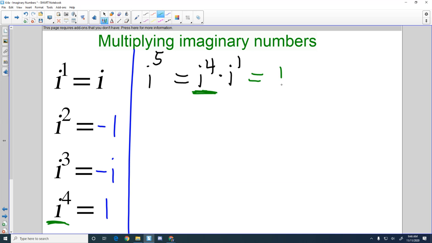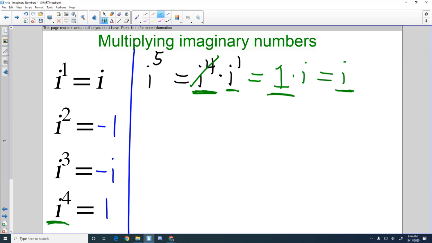So this is the same as saying, what's 1 times i? And it's just going to be i. So this i to the fourth, essentially we just ignore it because it's just a positive 1. And multiplying by a positive 1 doesn't change a thing. This was i, and our final answer was just i.